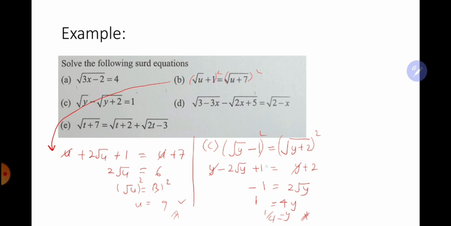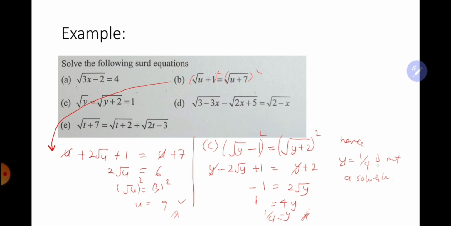For C pula, you will get y equals to 1 over 4. When you plug in back inside the original equation, you will get 1 over 2 equals to this, equals to 1. So you tak akan dapat 1 on your left hand side. Hence y equals to 1 over 4 is not a solution.